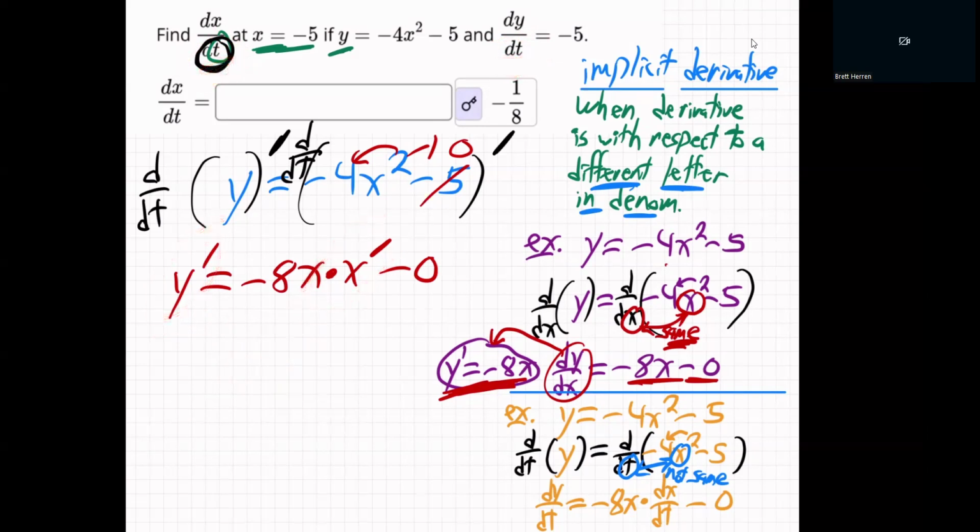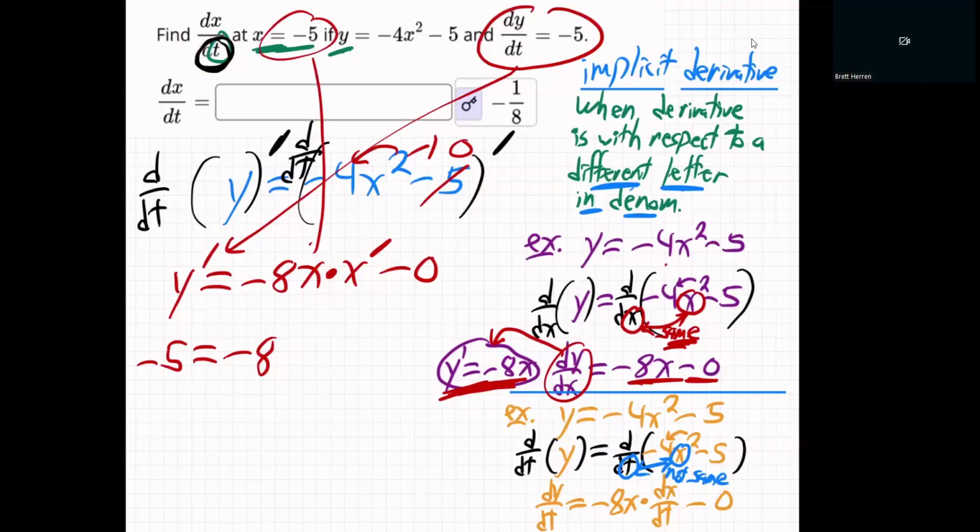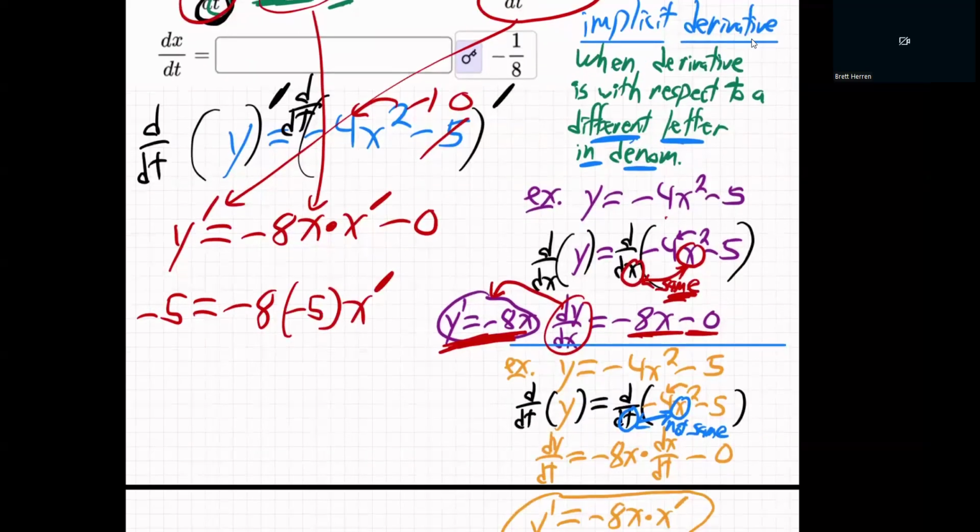All right. So with that in mind, what are we supposed to try to find? If they tell me dy/dt is -5, that goes right there. Y prime is dy/dt. And minus 8, and what is x? Tell me right there. X is -5, right there. And x prime is actually what I'm looking for. Find dx/dt. So what do we got there? -5 is 40 x prime.